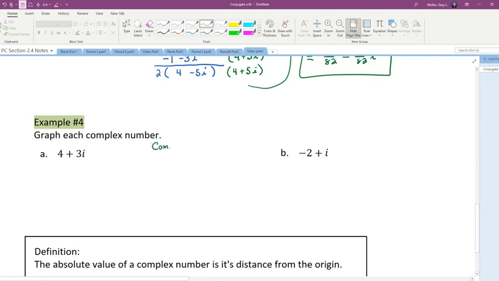So the complex plane consists of kind of like an X and a Y. But this time this is going to be the real number line, and the vertical is going to be the imaginary.